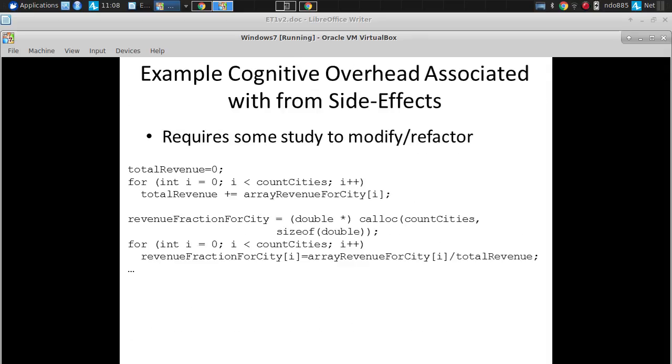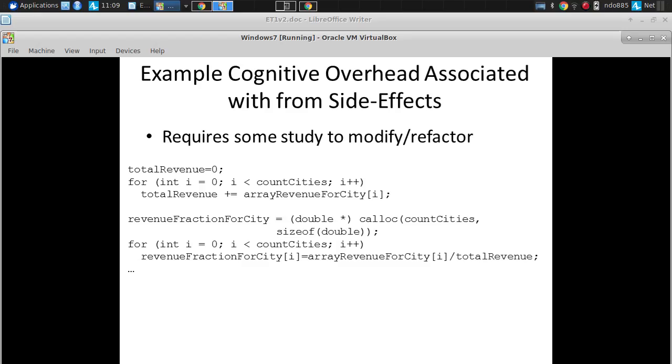Let's talk about this. Okay, so here we see some code. This is what I'd call moderate. It's not actually too crufty a code. It's not horrible. At least we have decent names. Total revenue, right? Here we have total revenue equals 0, and then we have some loop, and we're computing total revenue.